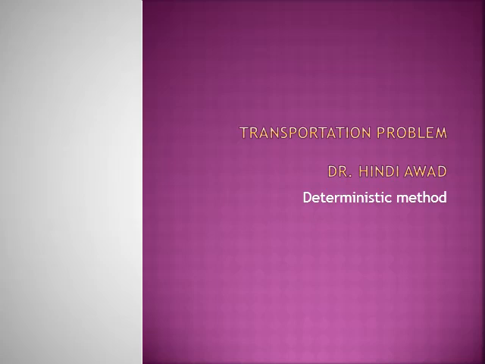These cells contain the cost of transportation of 1 unit from source I to destination J, from the production center to the market center.